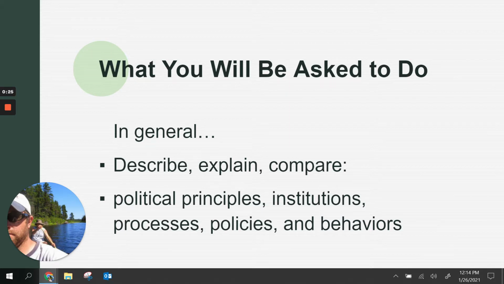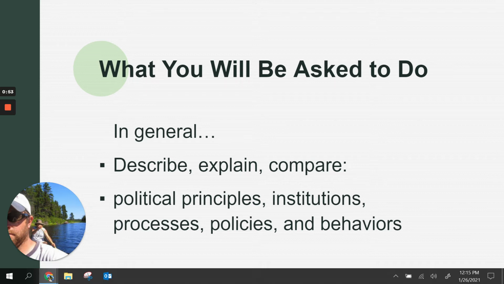So what will you be asked to do? In general, you're going to be asked to describe, explain, compare political principles, and yes, we mean those constitutional principles, such as federalism, checks and balances, separation of powers, republicanism, institutions such as Congress, the presidency, the judicial branch, the bureaucracy, processes like the bill to law process, policies, certain particular laws, and political behaviors.